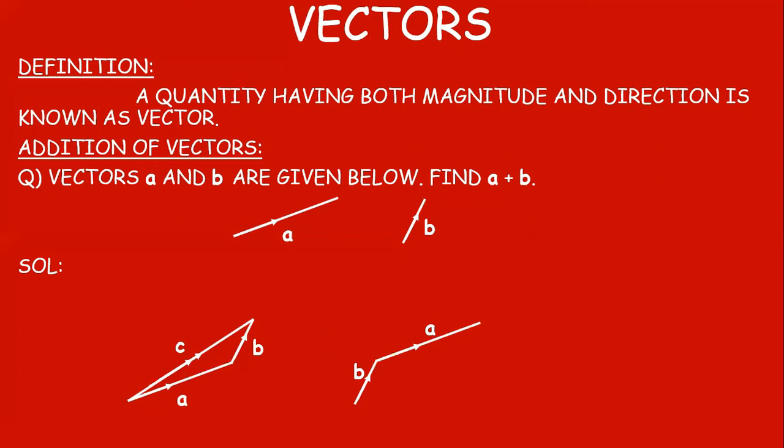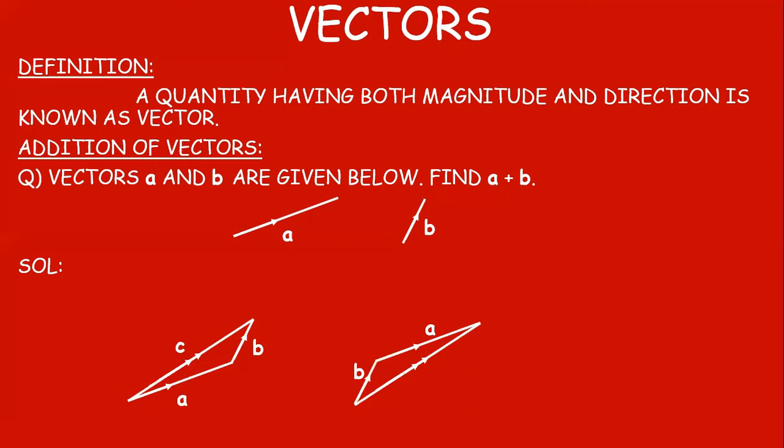Now a person travels along the vector B, then along the vector A. The shortest path is this one. This one is the addition of A and B.